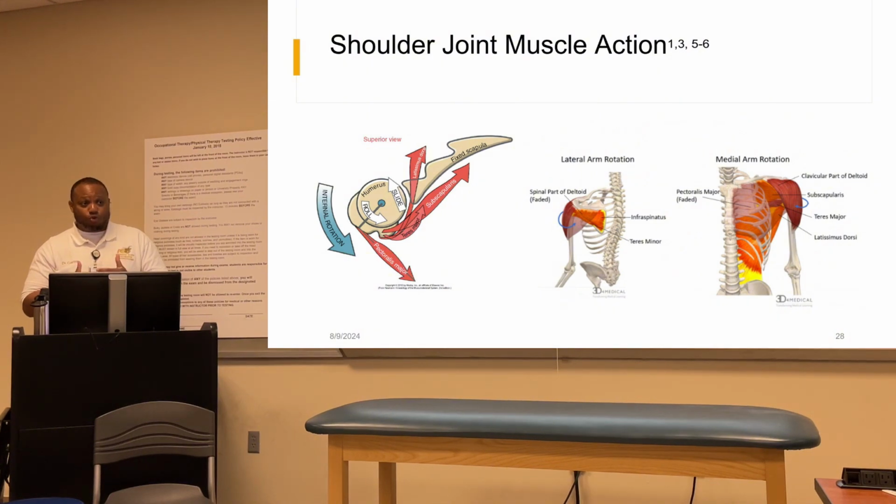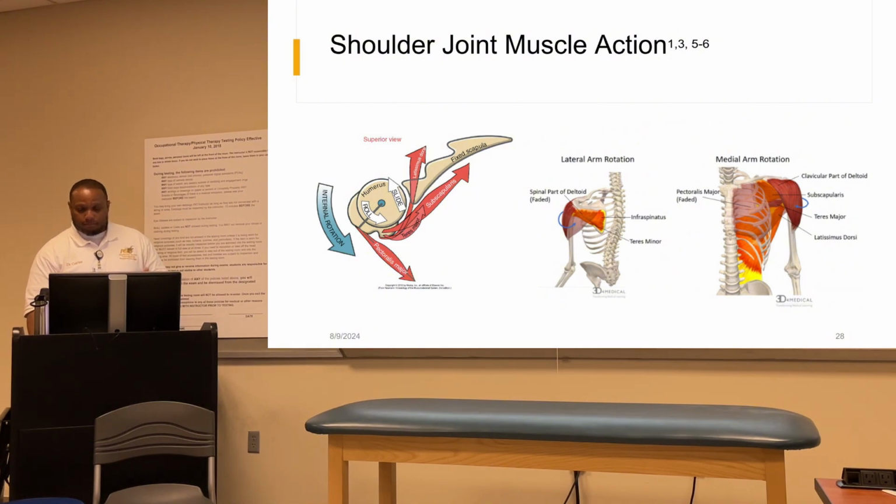You have to have a strong command of muscle actions for every lab practical in introduction to orthopedics and also clinical orthopedics. So we're looking at the spinal part of the deltoid in one of the visuals, and the infraspinatus and teres minor, laterally rotating and externally rotating the arm.